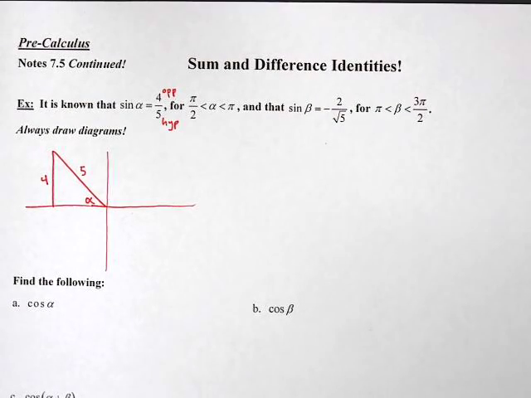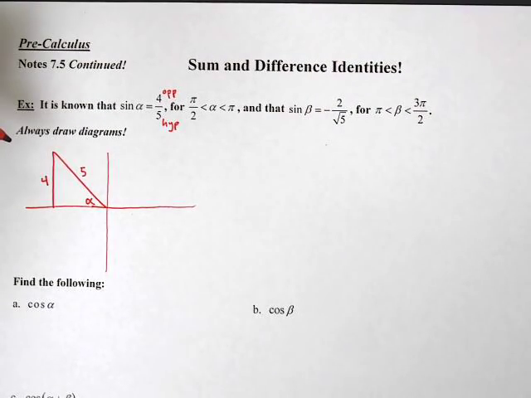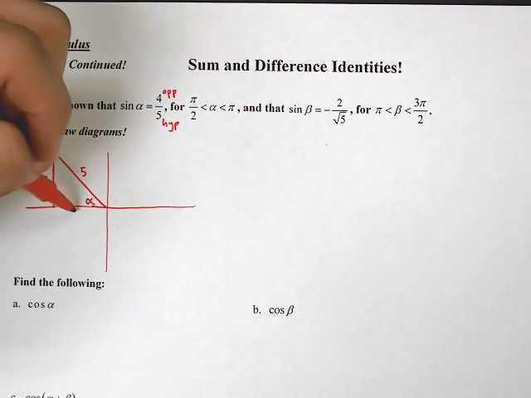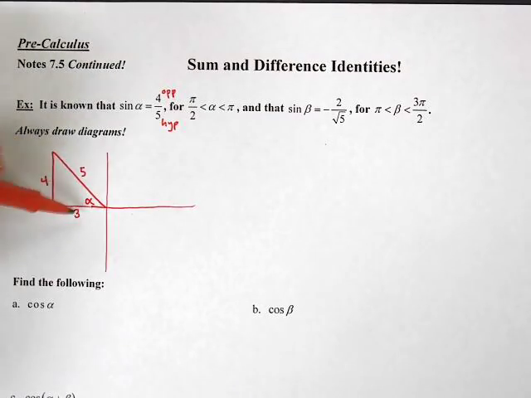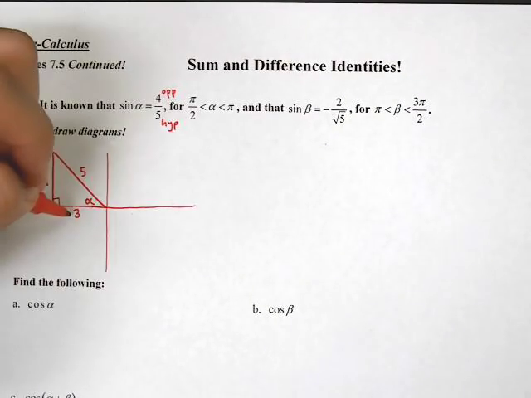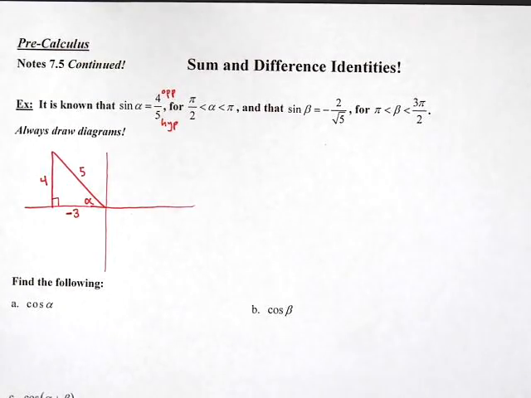In this situation, if I have a 4 and a 5, then this side must be 3. Normally if we don't know the Pythagorean triple, we would have to use the Pythagorean theorem to solve for that missing side. In this case, we should know it's 3, 4, 5, perfect. Big idea though, please make sure that you make that 3 negative because we're going in the negative x direction.